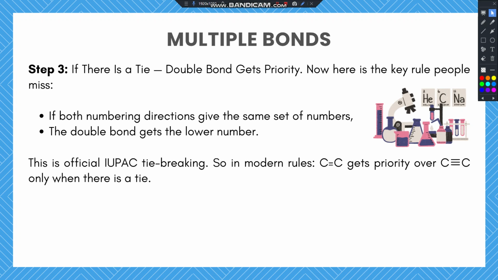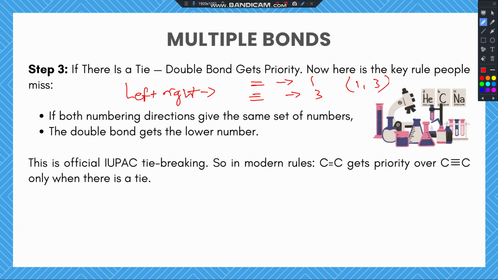So now, step number 3 for naming compounds that contain both double and triple bonds is this. If there is a tie, that means if you number from left to right, and let's say you get the double bond to be on carbon number 1 and the triple bond to be on carbon number 3, that is, the set of numbers is 1, 3.